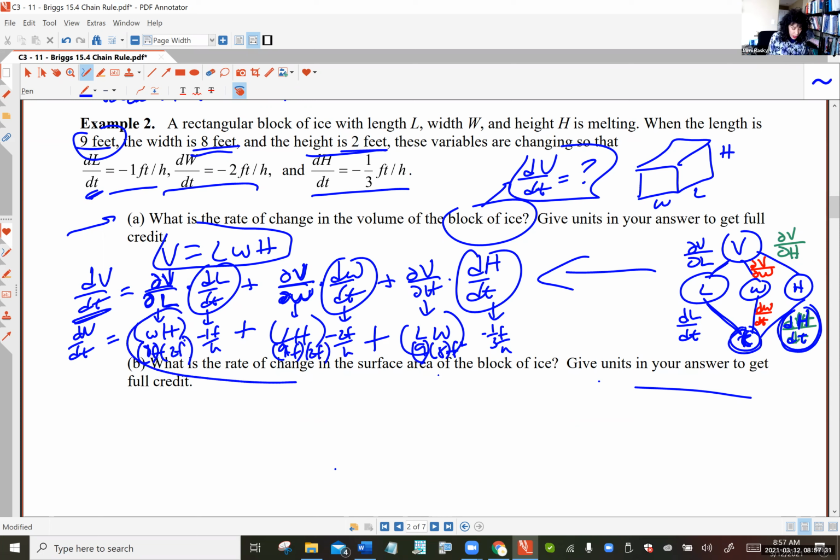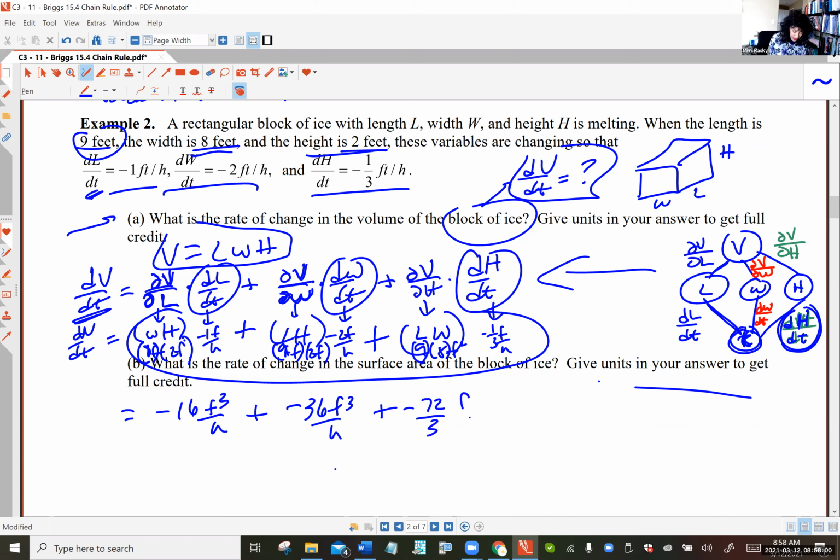So when you get out your calculator and you multiply all this out, you're going to get like -16, and this is feet cubed per hour, plus -36 feet cubed per hour. And then finally 9 times 8 times -1/3. 72 over 3, we'll figure that out in a minute, feet cubed per hour.